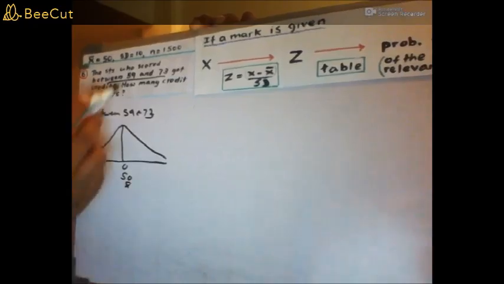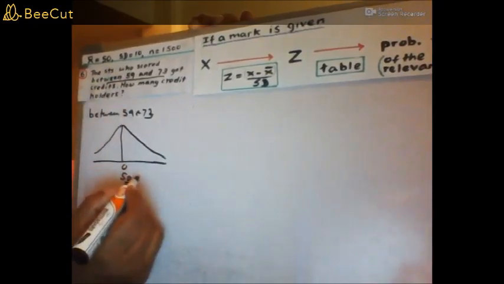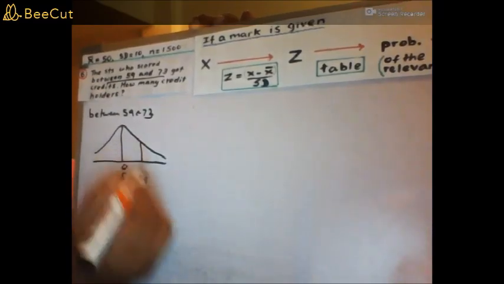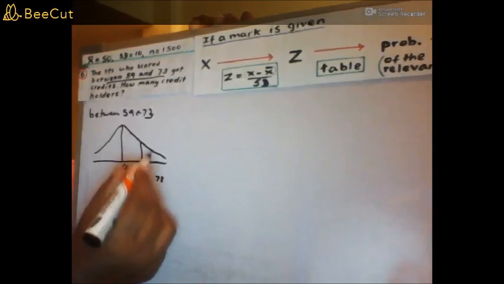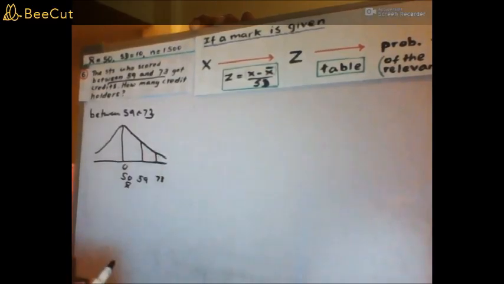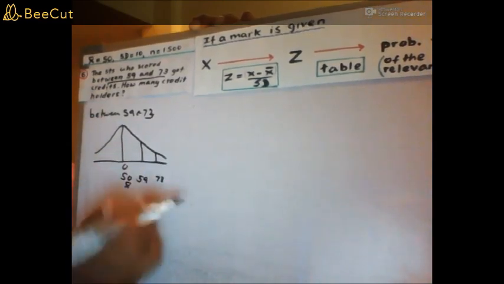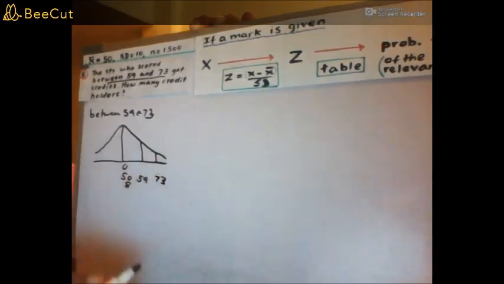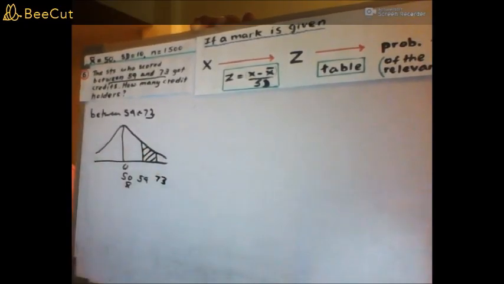Now we have 59 and 73. So 59 is here, and 73 here. Then what is the condition? Between 59 and 73. This is the area.